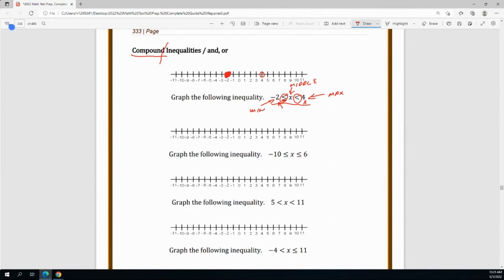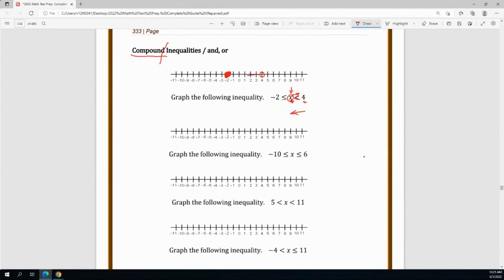Okay. Hard part's done. Now we need to figure out in what direction the answers are located. So let's see how this works. What I tell students is, start with this, say the answers, and then look in one direction. Let's look to the right. It says the answers are less than 4. That means they're going to come this way from 4.